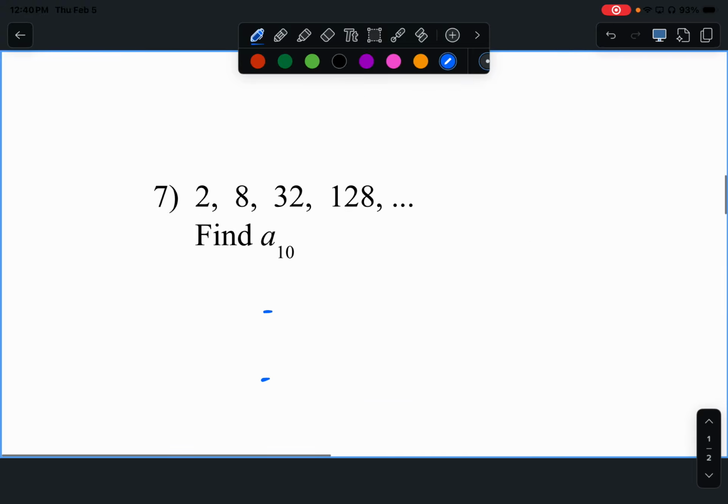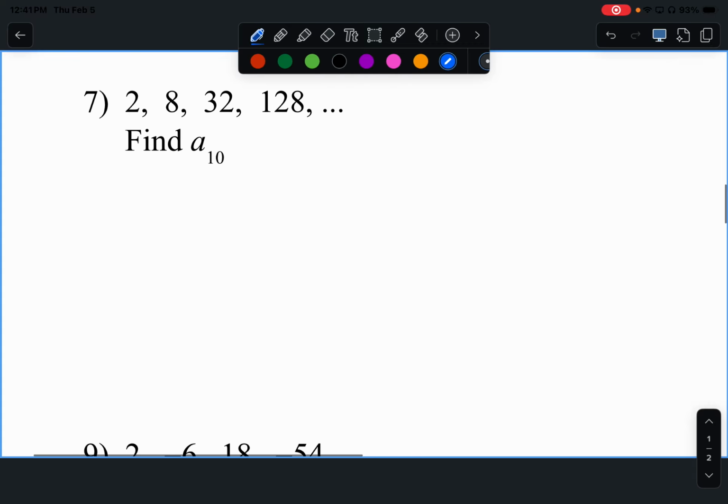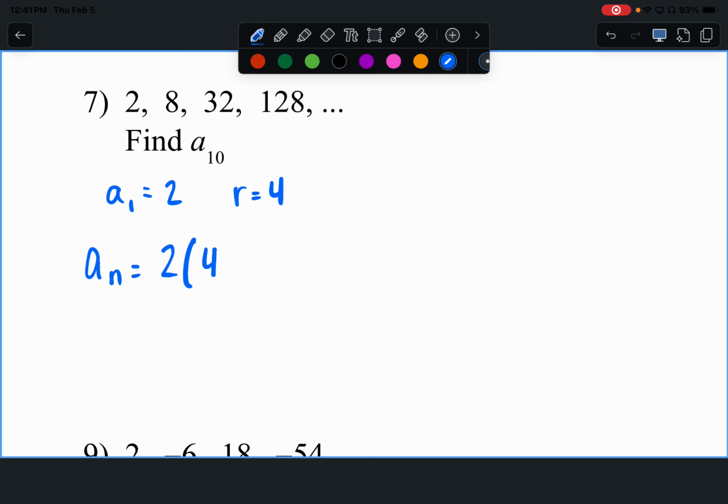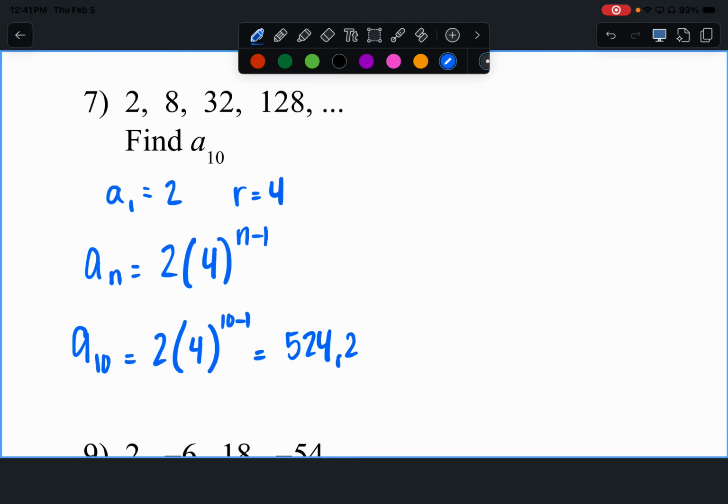Okay. And what is the 10th term? It is 524,288.